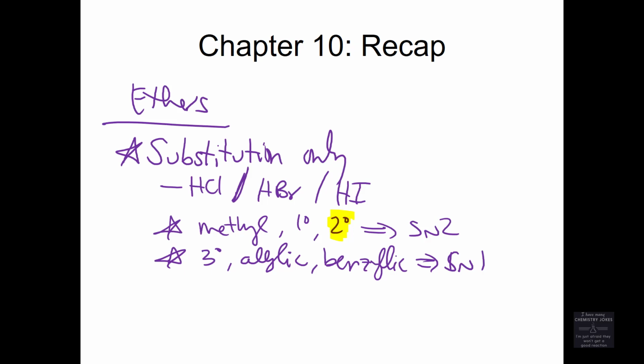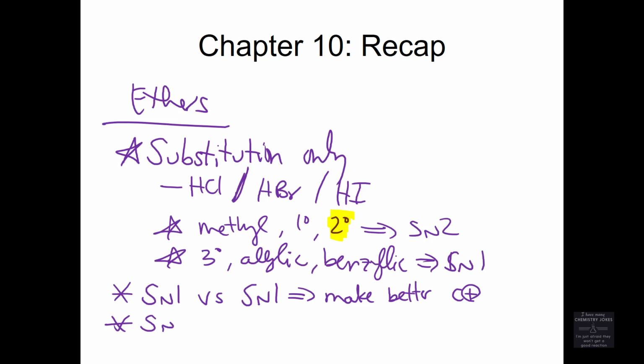The other thing we talked about with ethers is when you have an SN1 versus SN1 disagreement, make the better carbocation. That means make benzylic over tertiary because a benzylic carbocation is more stable than a tertiary carbocation. When you have an SN1 versus SN2 disagreement, make a carbocation. That means you're going to do SN1, not SN2.